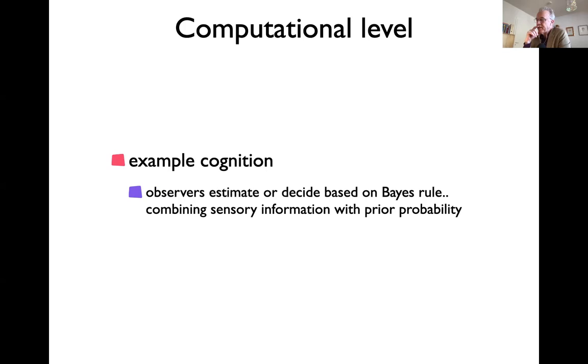And there is a very strong influence currently in cognitive science of that nature, based on Bayes' rule. Bayes' rule is a trivial corollary of the definition of conditional probability.